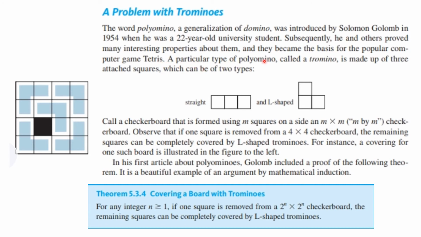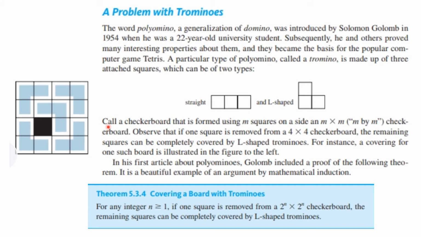A particular type of polyomino is called a triomino, and it's made up of 3 attached squares, and they can either look like this, straight, or L-shaped. And so you talk about having a checkerboard.